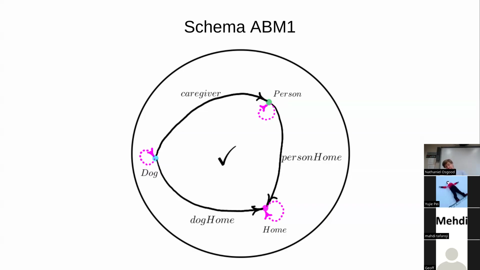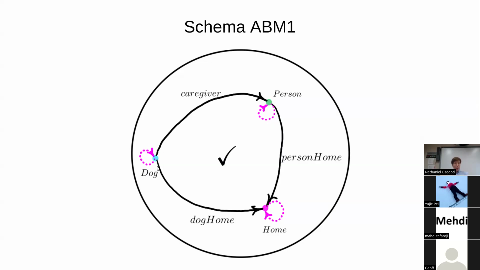Okay. Now, what I want to emphasize with this slide, though, is that we specify a category by specifying objects, morphisms, and the rules for composition. And with those rules for composition are the relations between things.